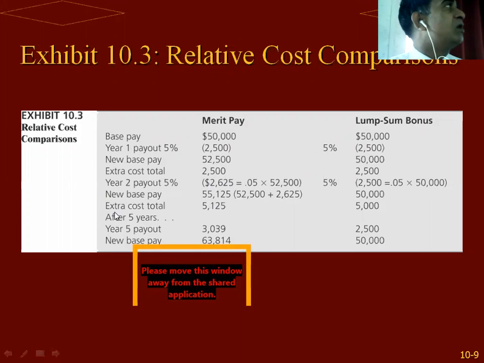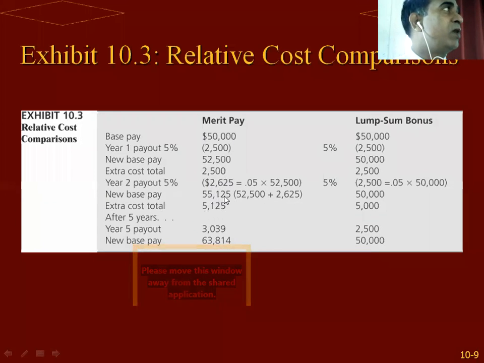So what is the extra total cost? 5,125 compared to the basic pay in year 1, which was 50,000. At the end of year 2, the new base pay is 55,125. So the extra total cost is $5,125 in the company which has adopted merit pay.